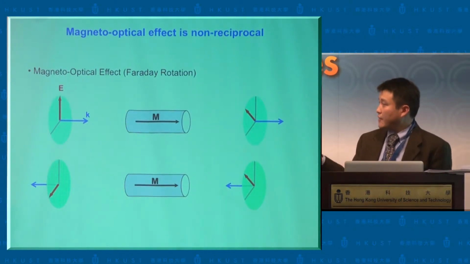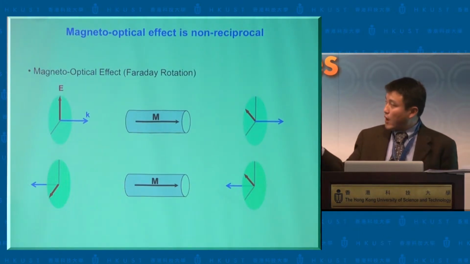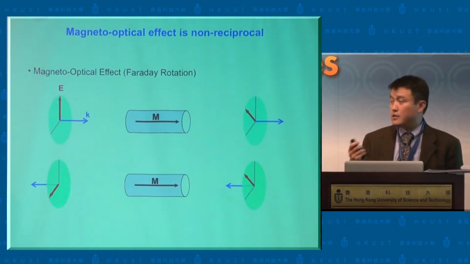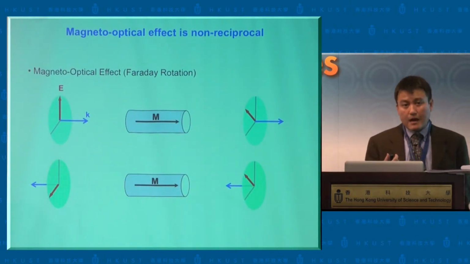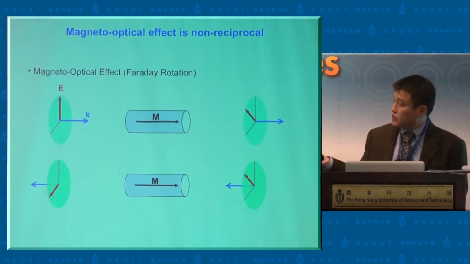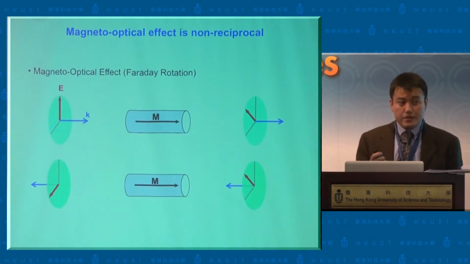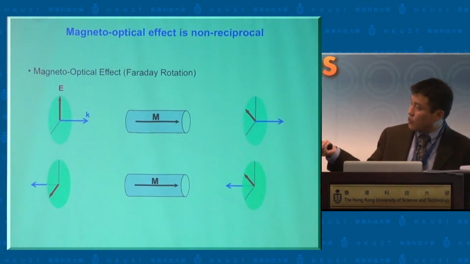Suppose you have a structure with a magnetization, then light that co-propagates with the magnetization will get its polarization rotated. To see that this is non-reciprocal, you do a time reversal operation of the outgoing light. You send it backward, so it now counter-propagates with the magnetization. If it's non-reciprocal, it does not go back to the original state, but it further rotates.